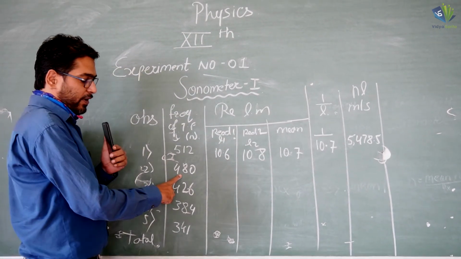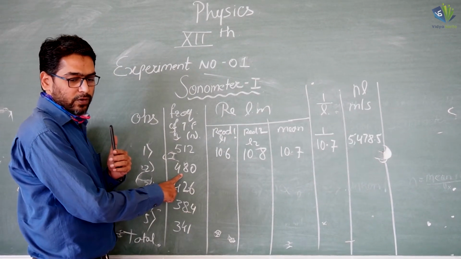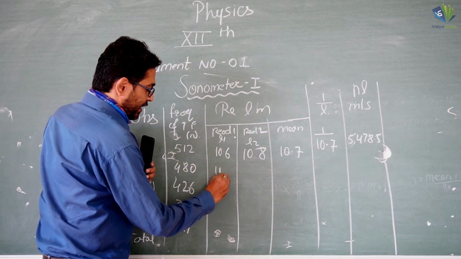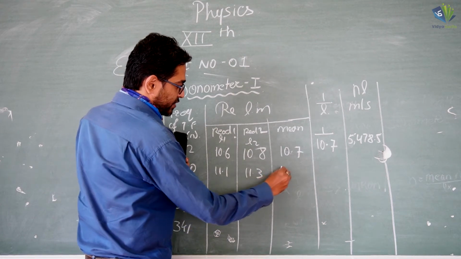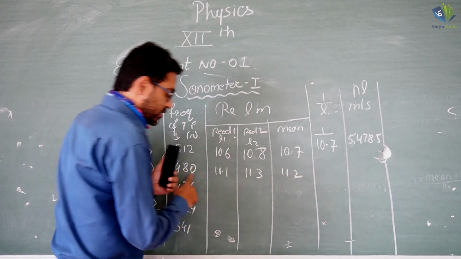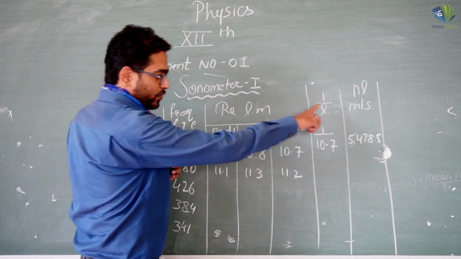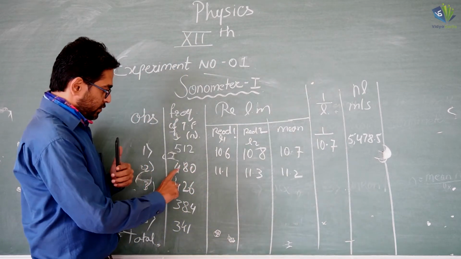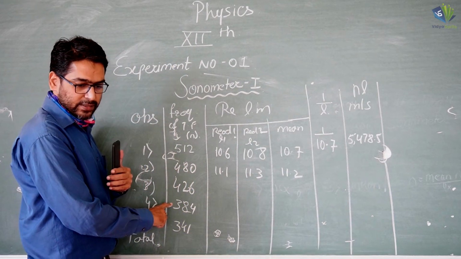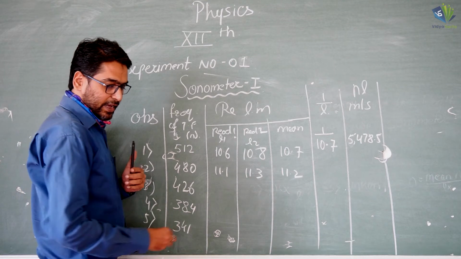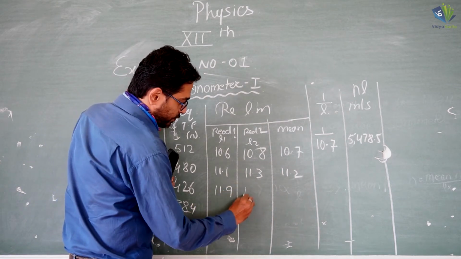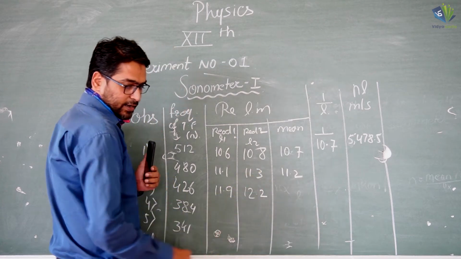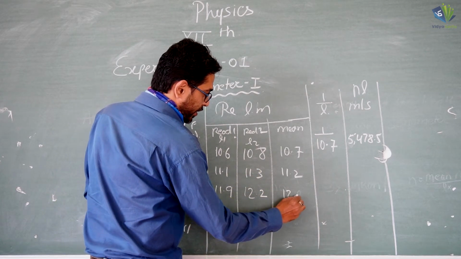If I vibrate the 480 tuning fork, my readings will be 11.1 and 11.3, which comes to a mean of 11.2. First I'll write all the readings, then I'll calculate over here. Now on 426 I am getting 11.9 and 12.2, and the mean is 12.1.